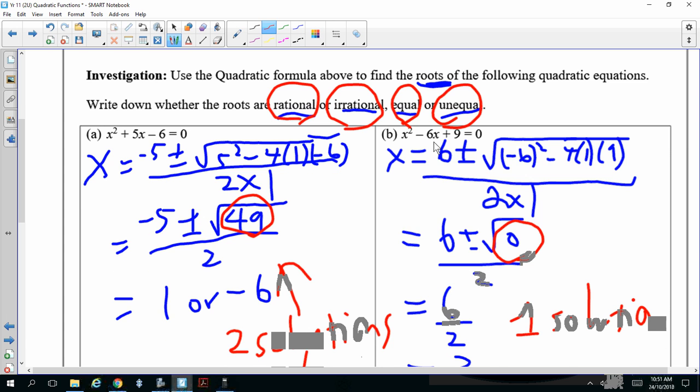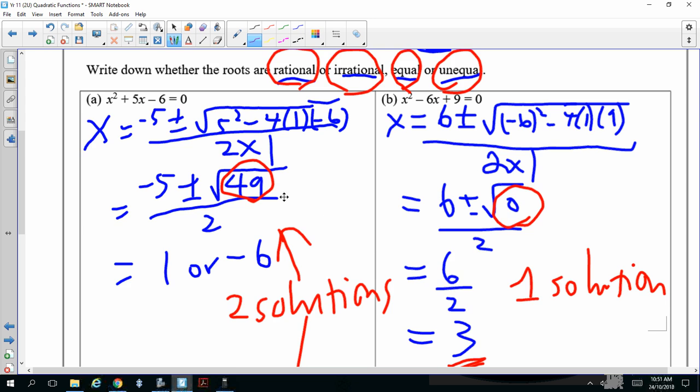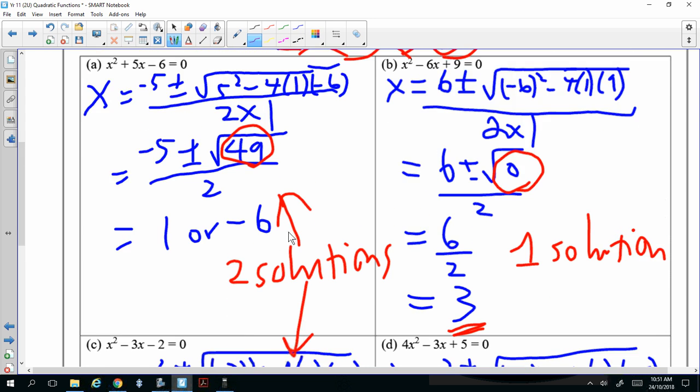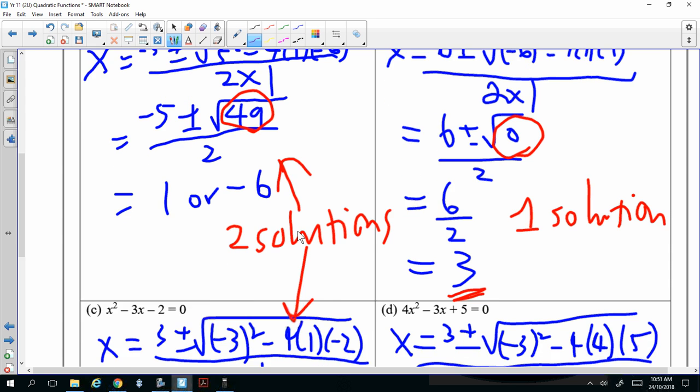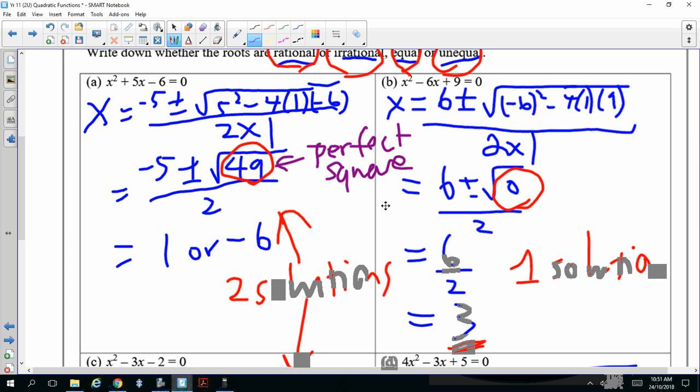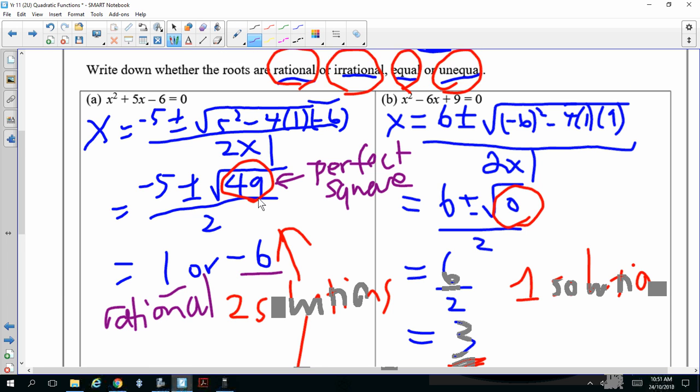So if you look more closely, if the discriminant is positive, there are 2 solutions. And in fact, we can go into a deeper level. If this is a perfect square, okay, see 49 is a perfect square, it means if you can square root the perfect square, you'll get rational numbers, as in fractions or integers. So that indicates to you, if it's a perfect square, you can factorize this. You're allowed to factorize.